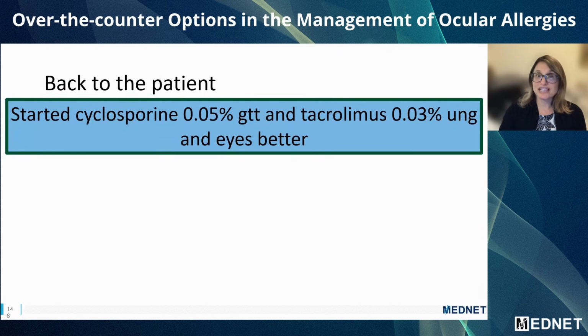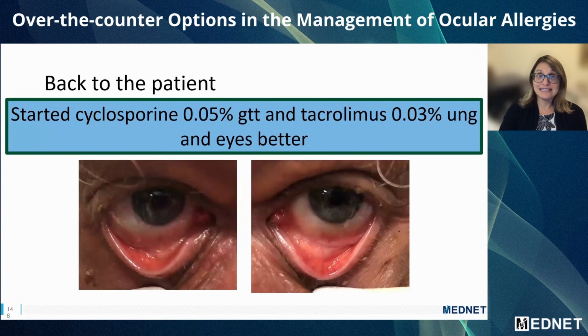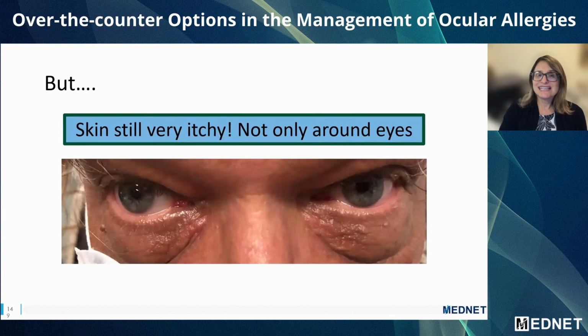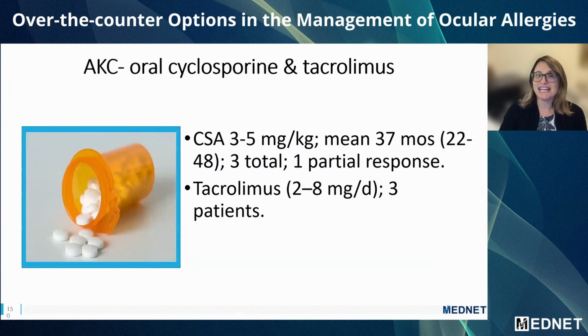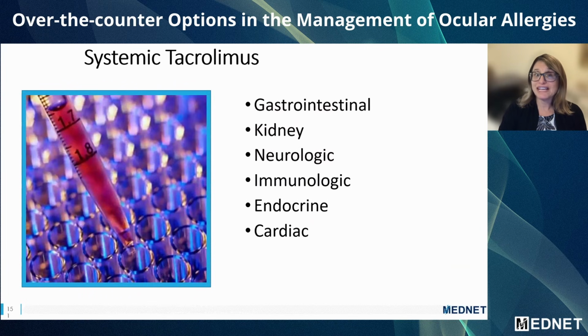We started topical cyclosporin and topical tacrolimus ointment around the eyes, and he did get better, but his skin is still very itchy, not only around his eyes. And that is because AKC, it's really a skin disease, and atopic dermatitis distribution can be periocular or it could be anywhere else. And so for these patients, I do consider oral medications with appropriate monitoring.